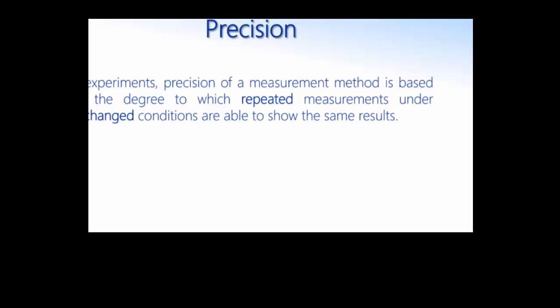So in experiments, the precision of a measurement method is based on the degree to which repeated measurements under unchanged conditions are able to show the same results. So repeatability and reproducibility of measured values describe the precision of the test.